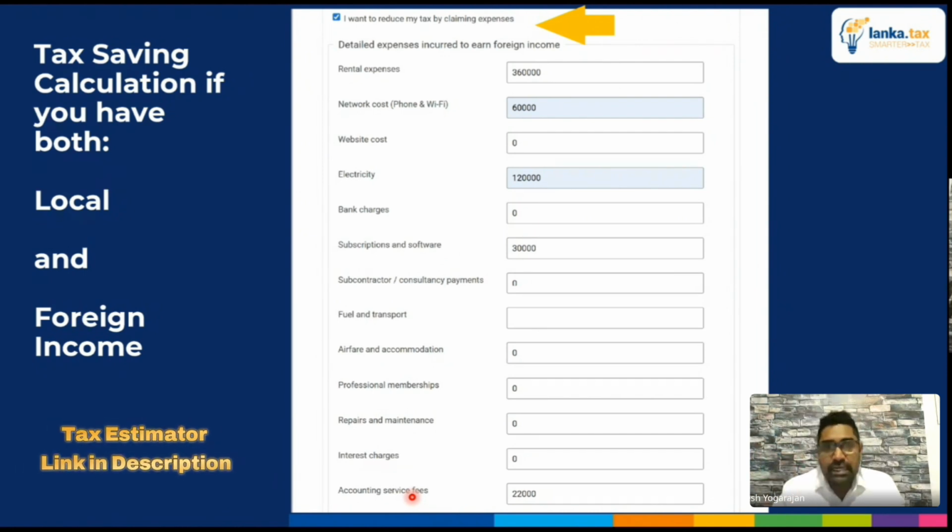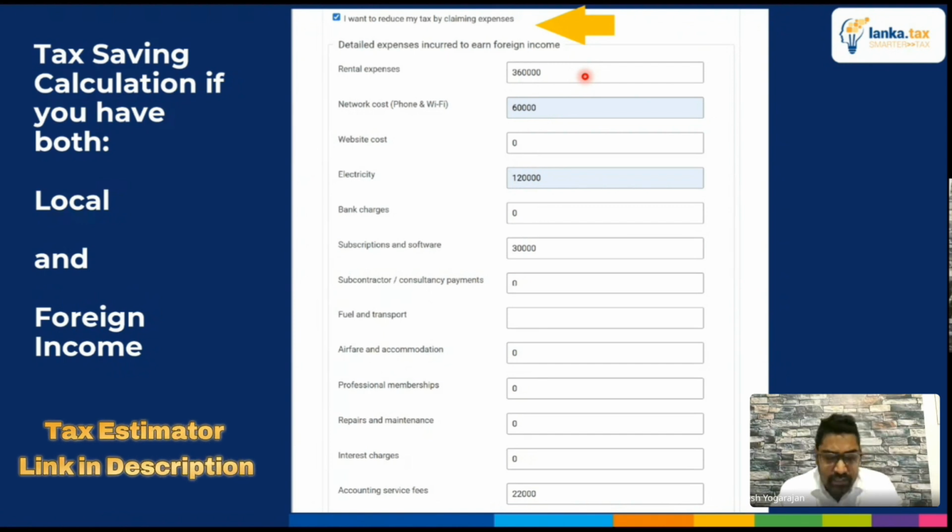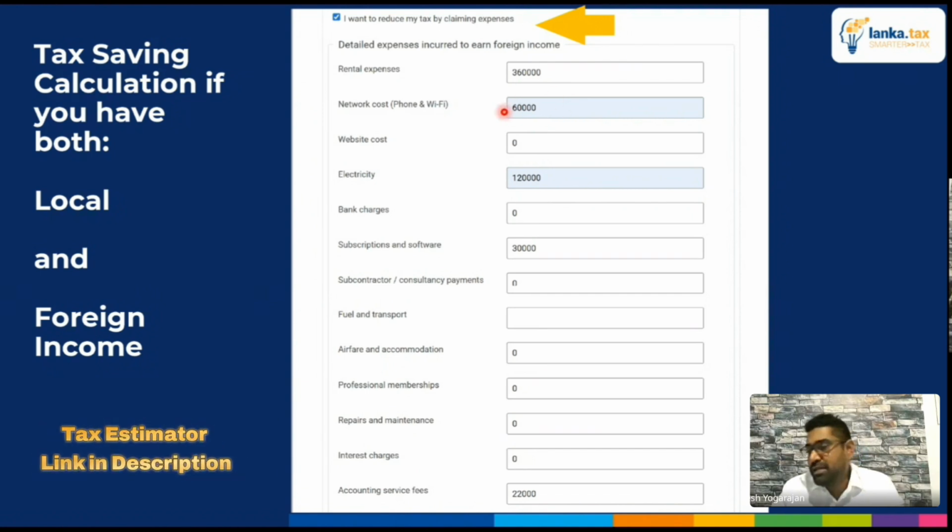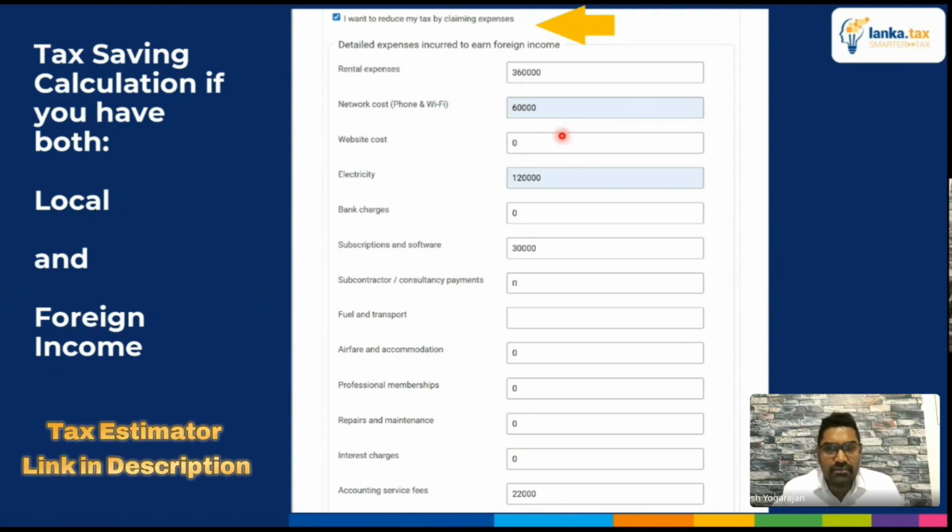So your rental expense. Now, here it says 360,000. My rent is 100,000 rupees a month, and I've taken 30%, which is 30,000 rupees a month times 12, 360,000. Right. My phone bill and my Wi-Fi bill is about 15,000, and therefore I've taken a third of it at 5,000 a month times 12, 60,000.